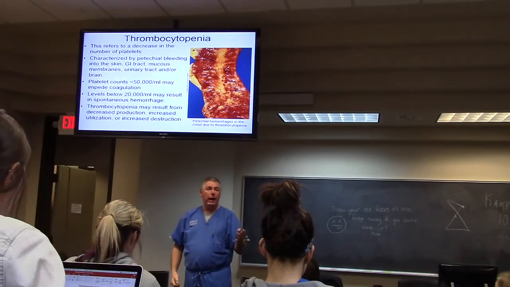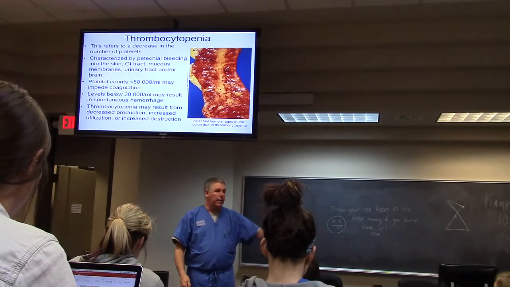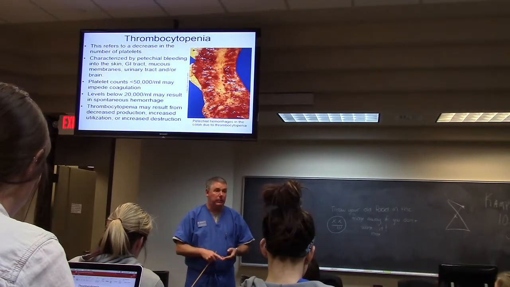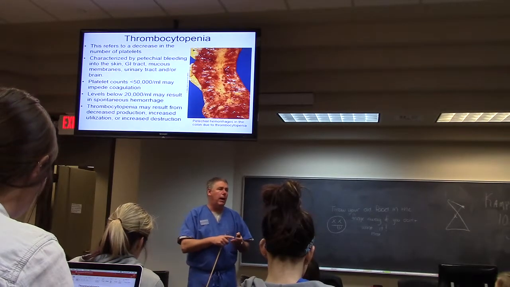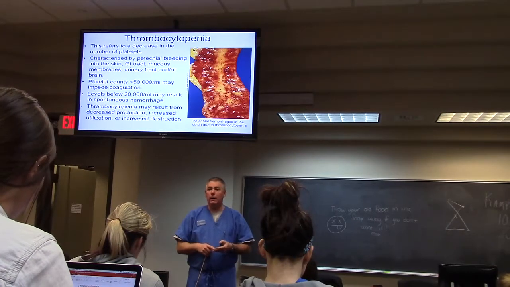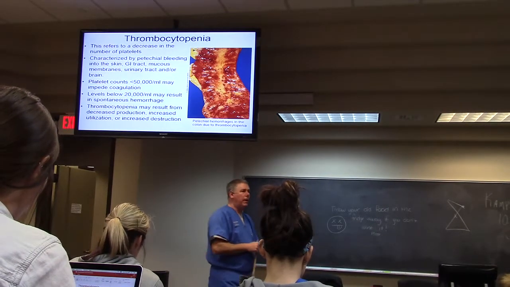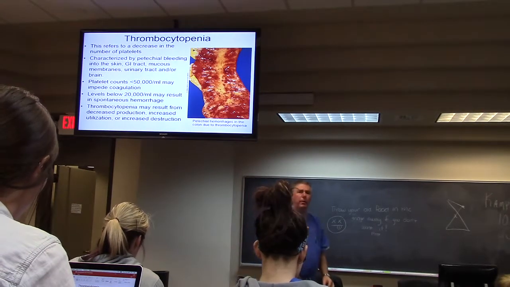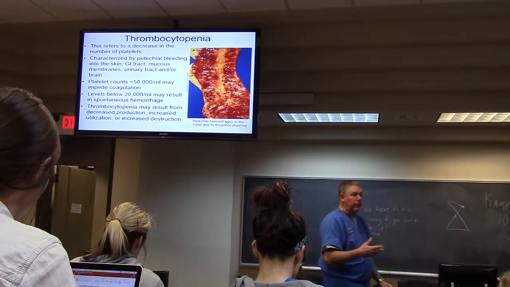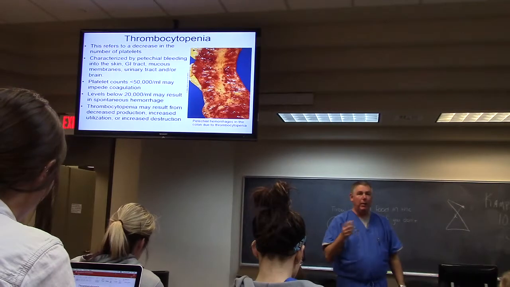If your marrow cavity is filled with cancer, you're going to shut down your ability to produce red blood cells, white blood cells, and platelets. If you're myelosuppressed, which can happen if you're getting ready to undergo a bone marrow transplant, or there are certain drugs, actually any drug, one of the side effects is myelosuppression.